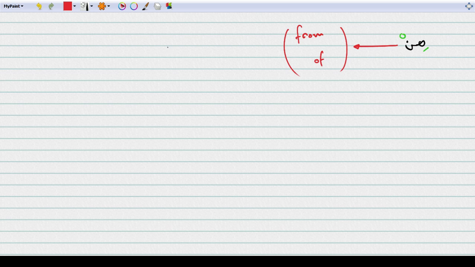So in this sense, if I say that something is made out of wood, I would say in Arabic min خشب. صنع من خشب, made out of wood. Okay, so this sense min means of or out of. Okay, but the most of the time it means from.